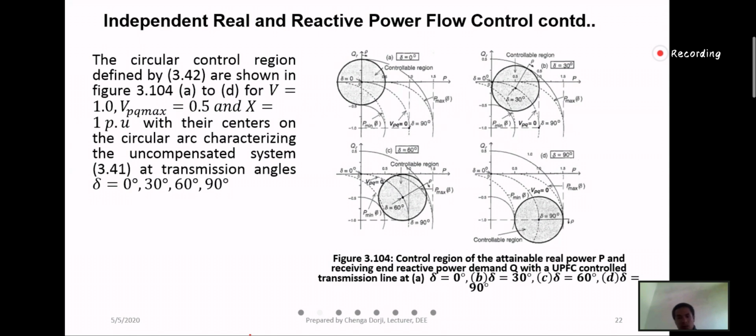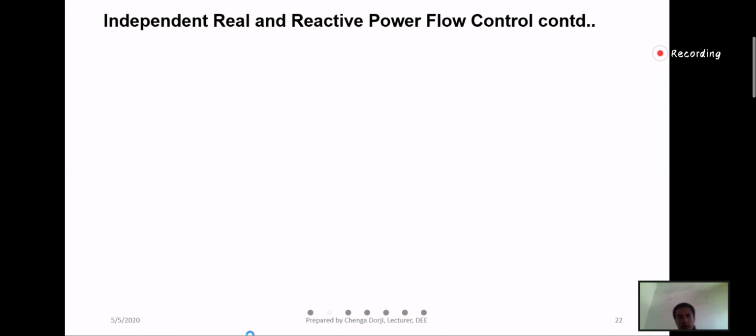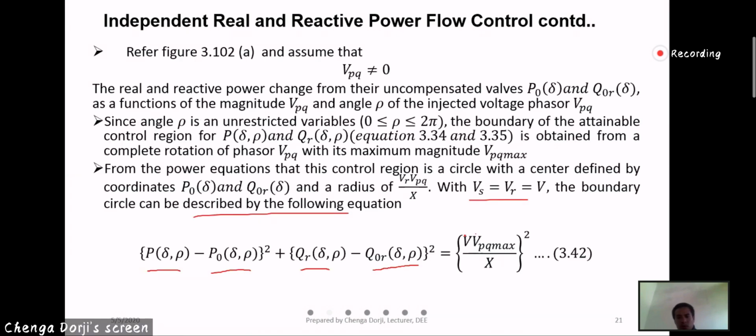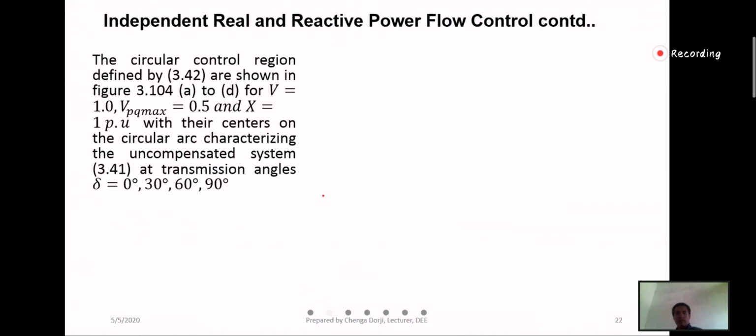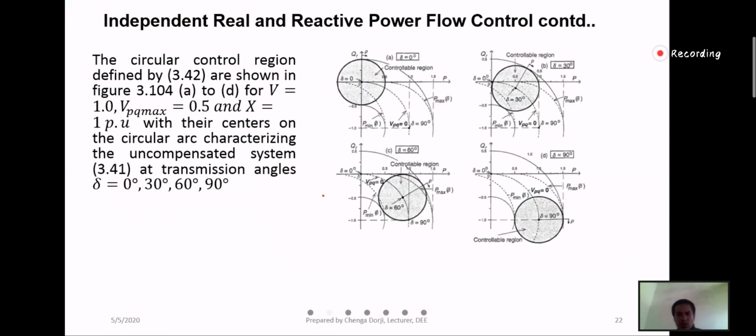When del is equal to 0, in this case you can put the value of del in that equation 3.34, and then you will find, when del was 0, what will be p?